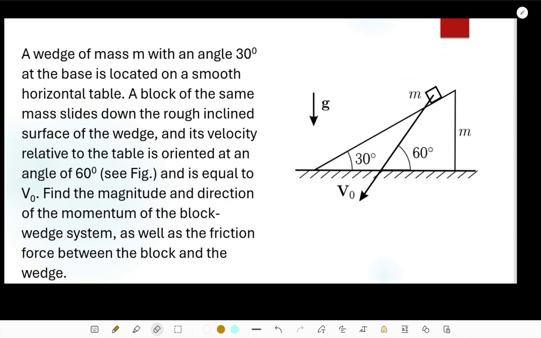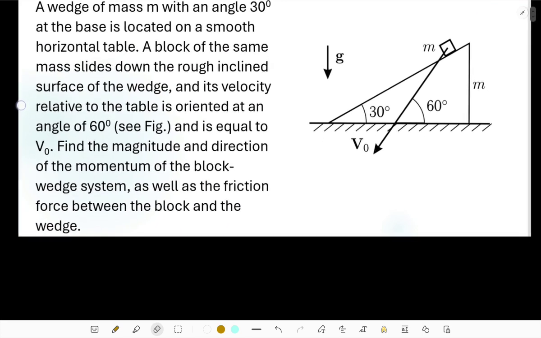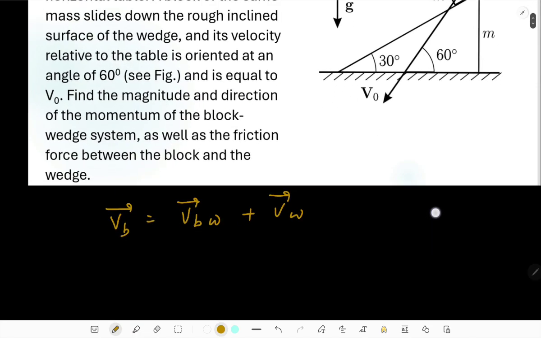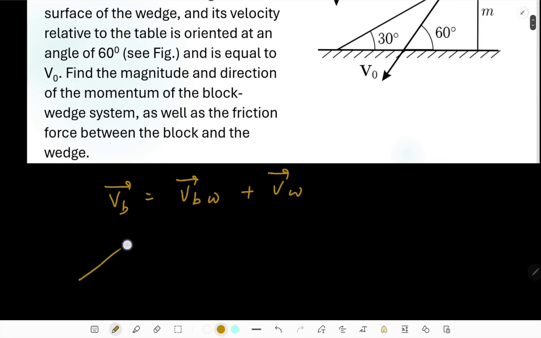There is only one way, I think: using the principle of superposition of velocities. I can write here that velocity of block equals velocity of block with respect to wedge plus velocity of wedge. As given, the velocity of the block is v naught at an angle of 60 degrees with the horizontal, so it will have two components.